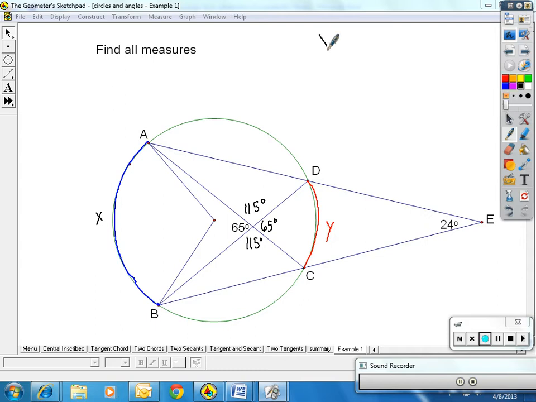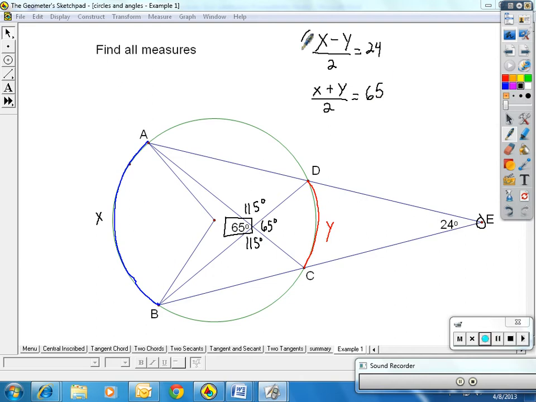The vertex is outside the circle, so I'm going to take the difference: X minus Y divided by 2 equals 24. Using X and Y and 65, what is the relationship? It is X plus Y divided by 2 equals 65.